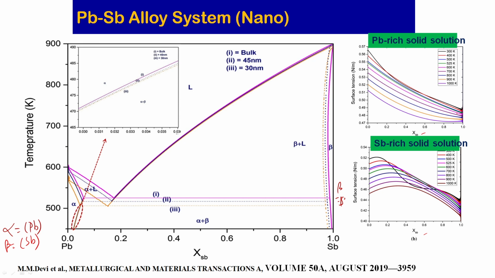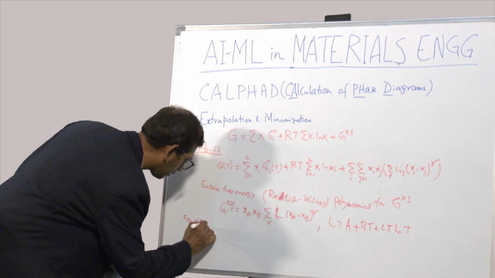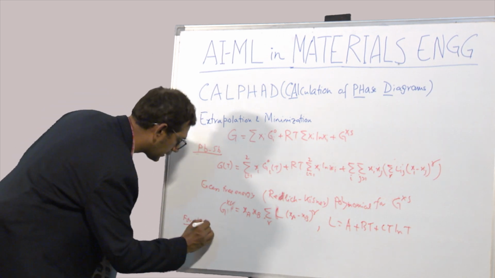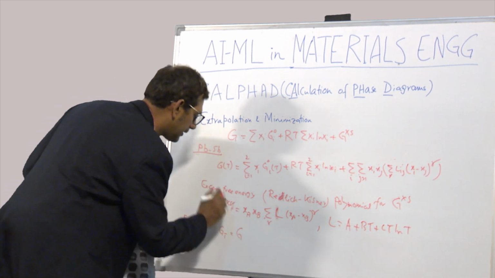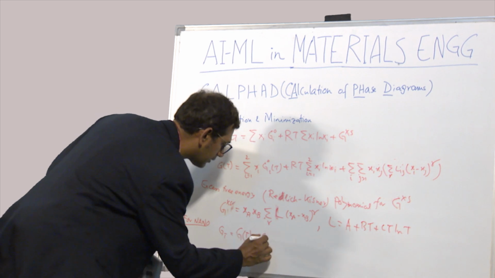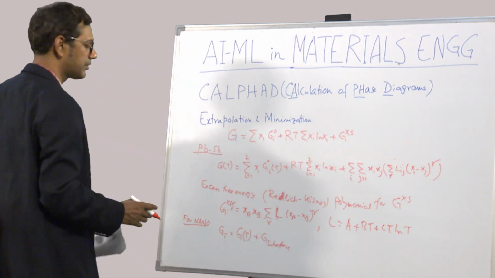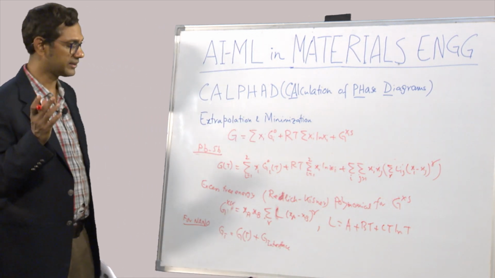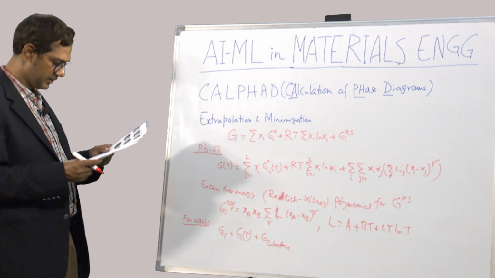So, we add an extra energy term to G. G total for the nano system will be G_T plus G of interface, correct, because you have a lot of interfaces due to small size and the surface area is very large.